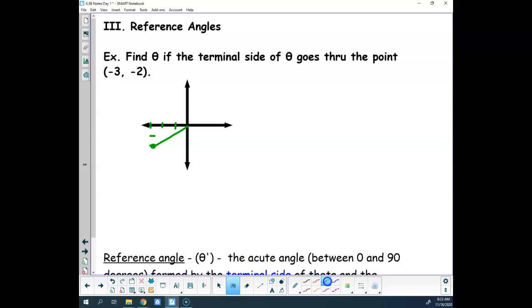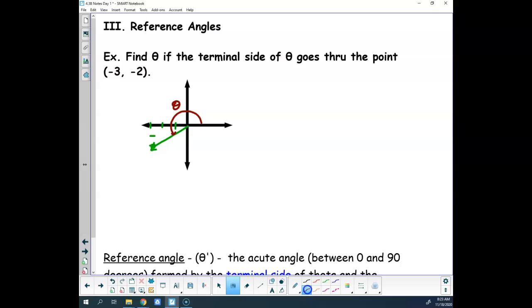So there is my terminal side. So theta would be in the positive direction. That would be theta. Agree with that? Because we start out at 0 and we work all the way around in the positive direction.